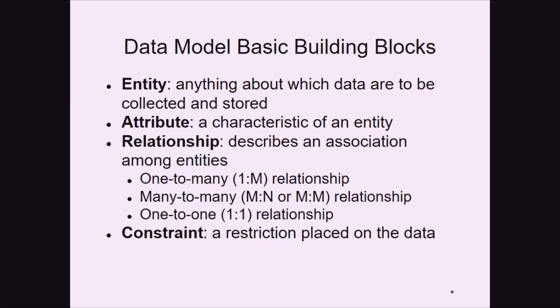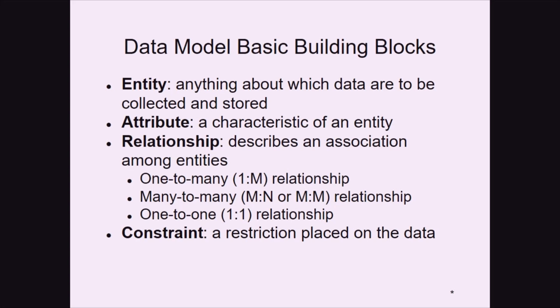But when we say relationship, it describes the association among entities, or the relationship of entities. For example, you have a student table and then you have a class table. When we talk about the association or relationship between student and class, how can we describe the relationship?